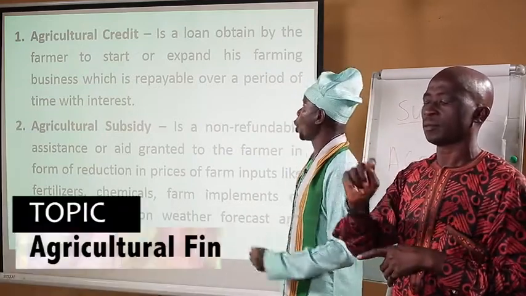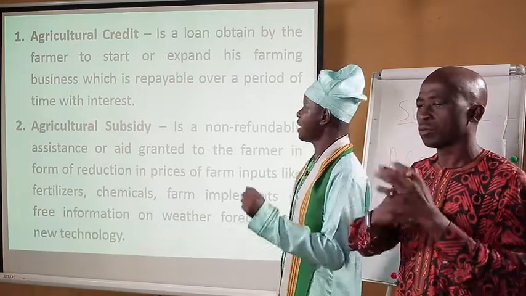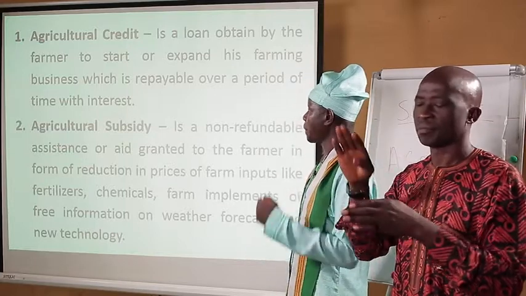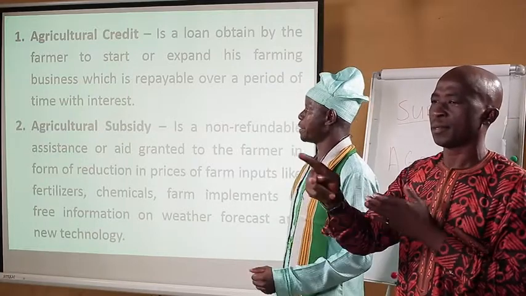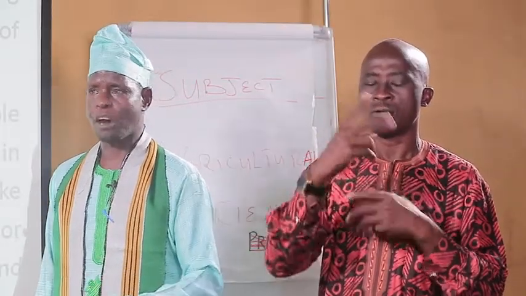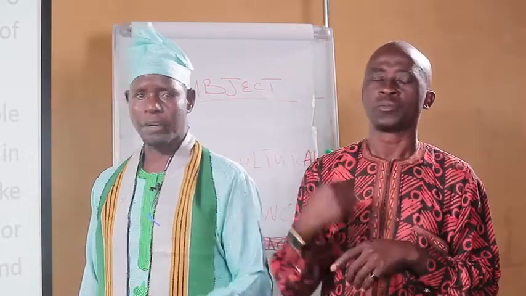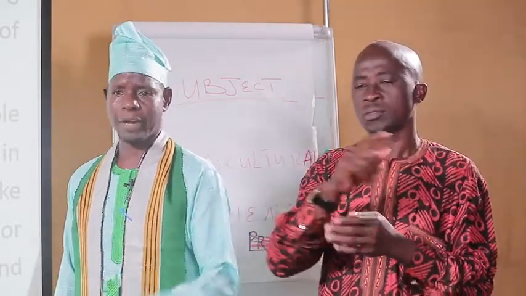Agricultural credit is a loan obtained by the farmer to start or to expand his farming business, which is repayable over a period of time with interest. We have 2 types of agricultural credit: the short-term credit and the long-term credit.